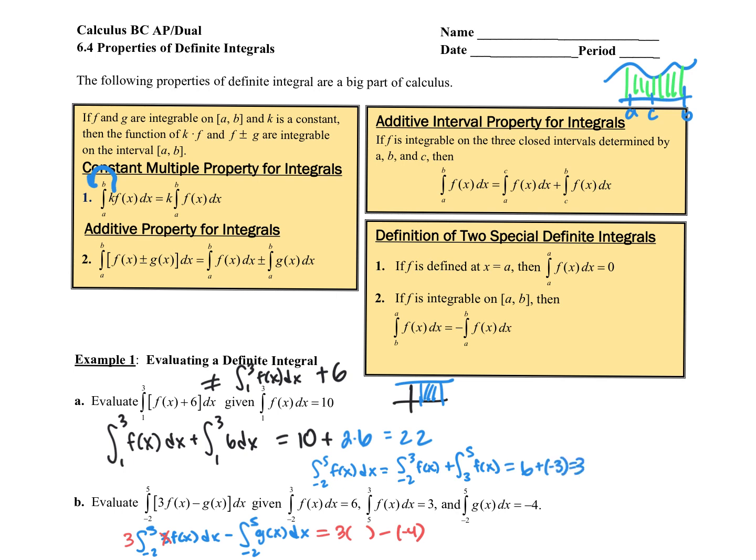So this is equal to 3. So -2 to 5 of f is equal to 3. So this is equal to 9 plus 4, which is 13. Any questions about that one?